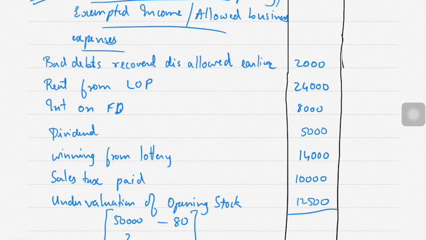And subtract this. Okay, this comes to approximately 75,500.